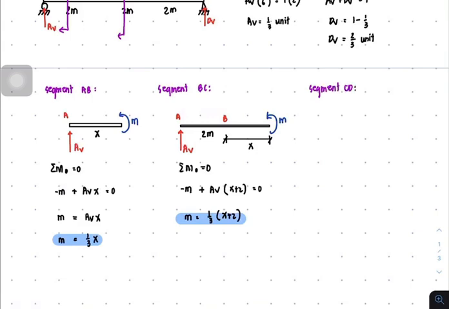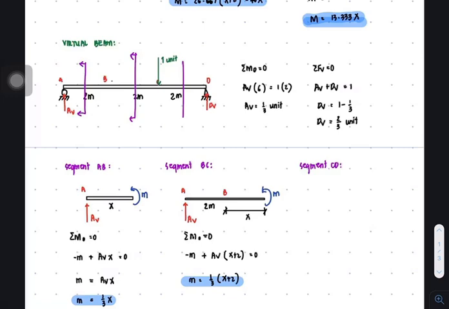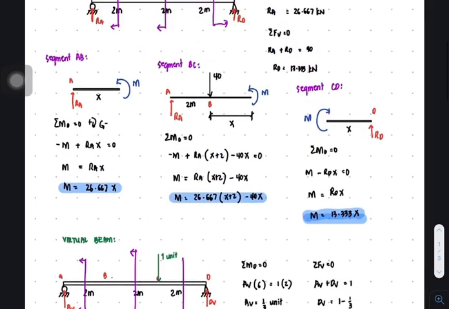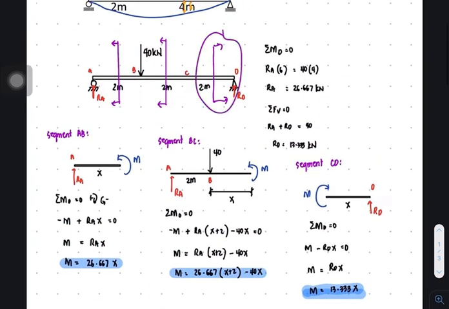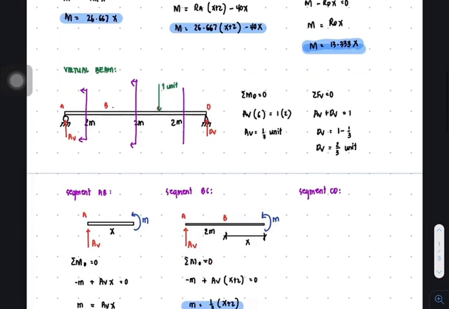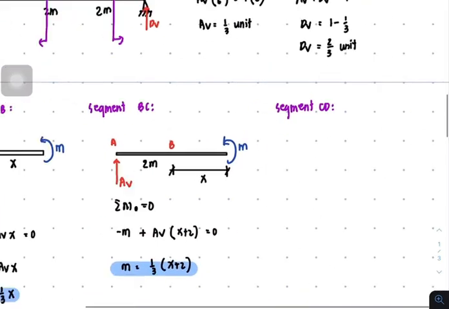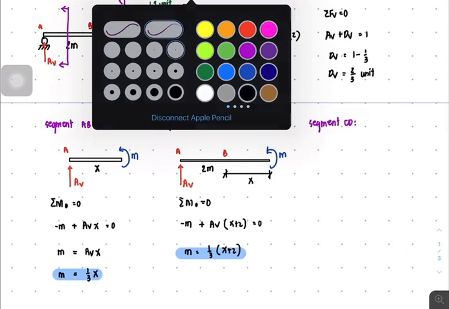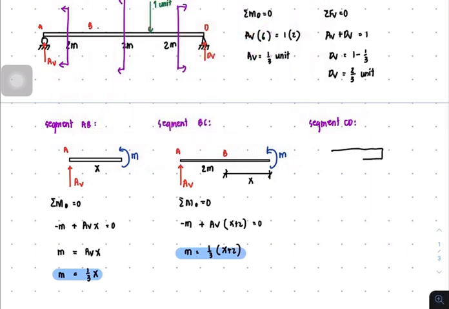Now next segment, CD. So for segment CD, we will be cutting this CD, and here is the right side, so of course the same, be consistent. Okay, the next is we'll have this consideration.